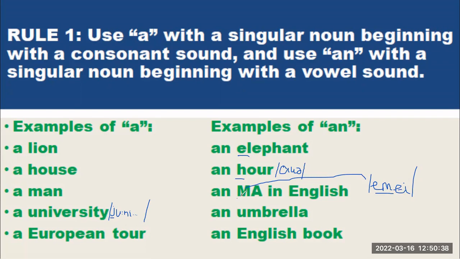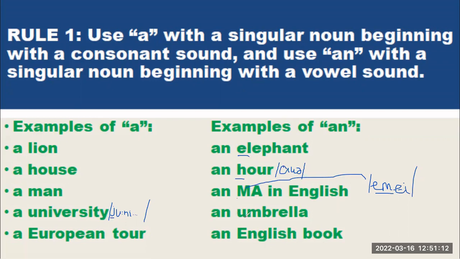So in some cases, you may find a word beginning with a consonant letter, but in pronunciation, it begins with a vowel sound. So you need to understand that there's a remarkable discrepancy between letters and sound. In writing, we use letters, but in speaking, we use sound. So letters merely represent sound.